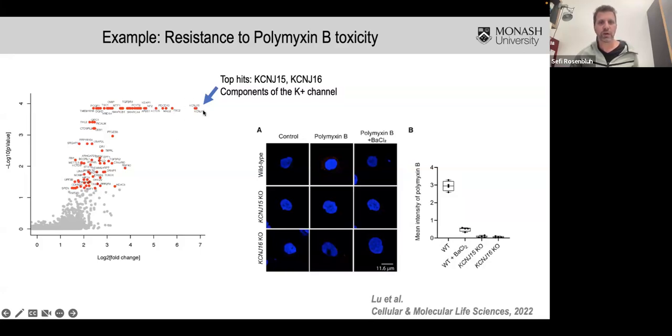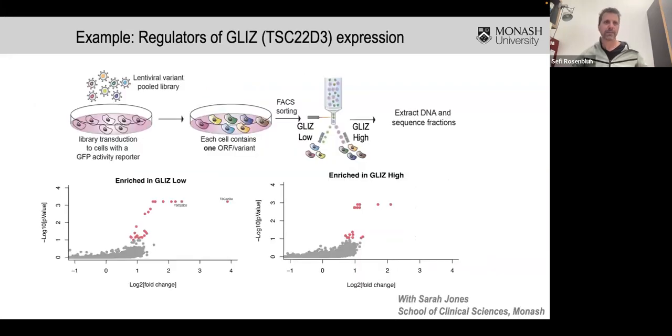These are two components, or two parts, of a potassium channel, which they then went on to validate, showing with different methods and approaches how this potassium channel mediates the resistance to polymyxin B, which suggests a way of combination therapy and treatment to reduce toxicity of this channel.